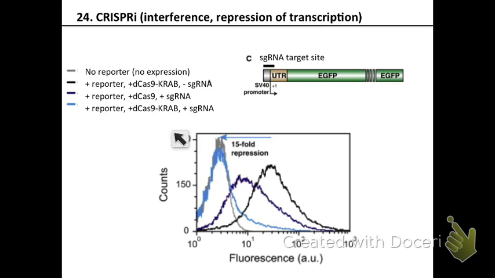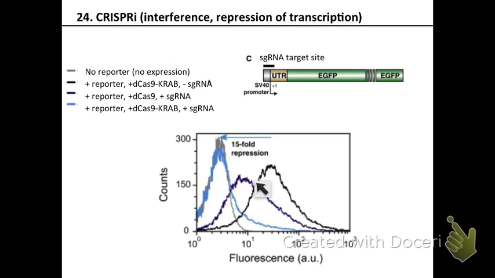Then you can put the reporter, dCas9 fused to the CRAB repressor domain, and the sgRNA. Now this sgRNA is going to target the dCas9 CRAB repressor to the promoter, and what you see is that in the presence of the reporter construct, you have very little EGFP expression, equal to almost not having this EGFP construct at all. So you completely repress the transcription of this.